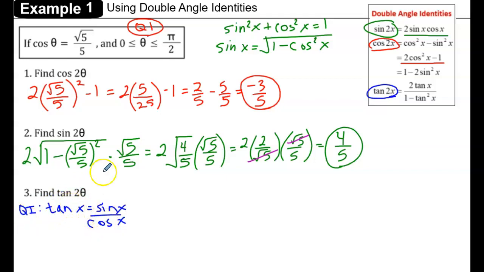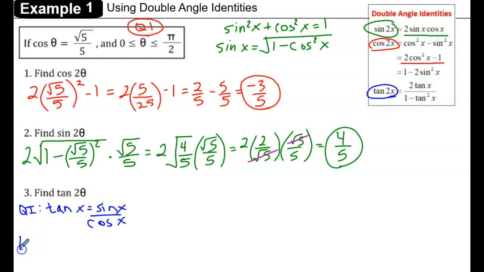And we know the cosine, that's root 5 over 5, that was given. And the sine we found was the square root of the quantity 1 minus cosine squared x, which we evaluated in problem 2 to get the square root of 4/5, which was 2 divided by the square root of 5.